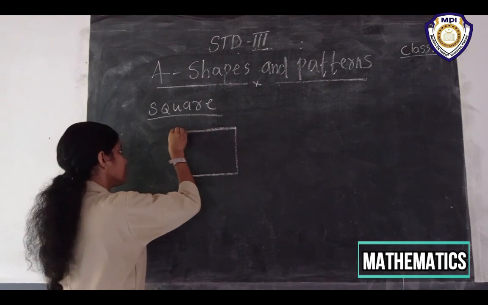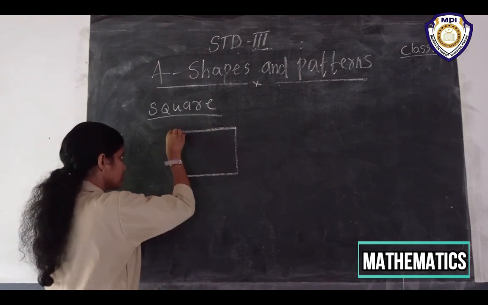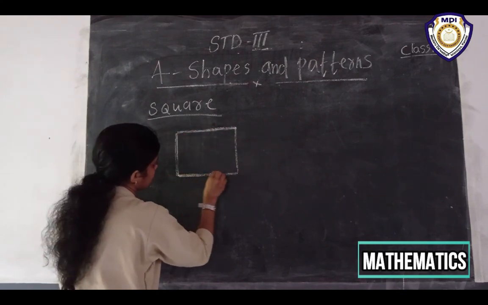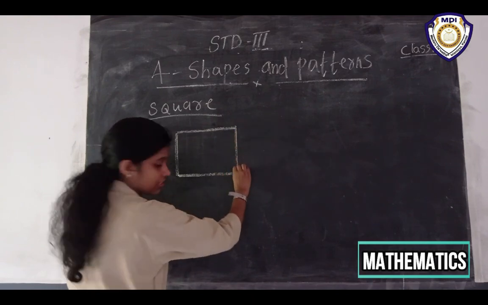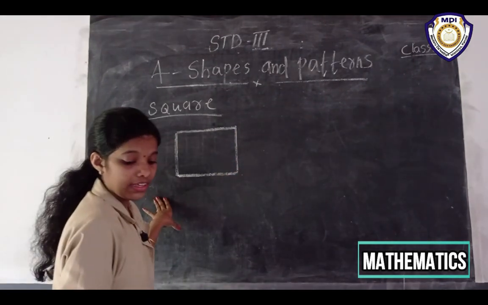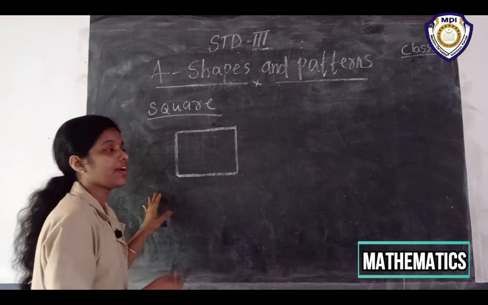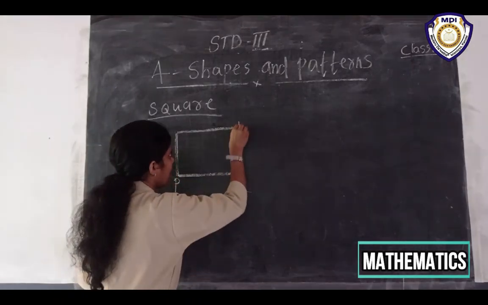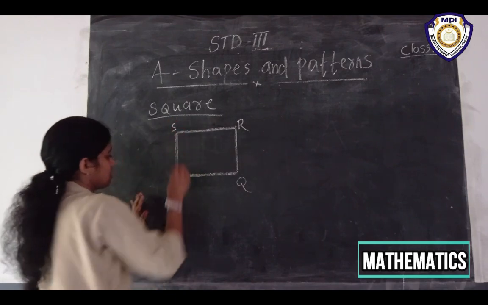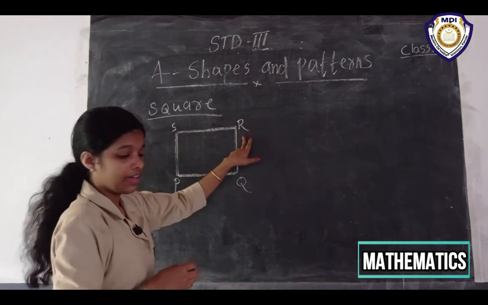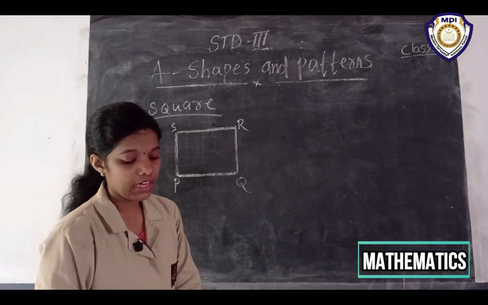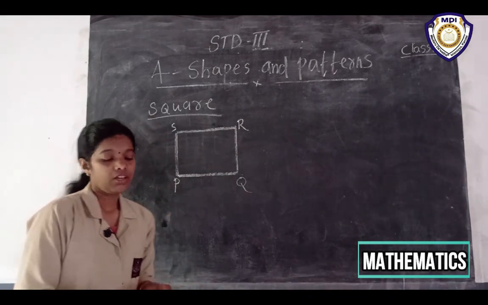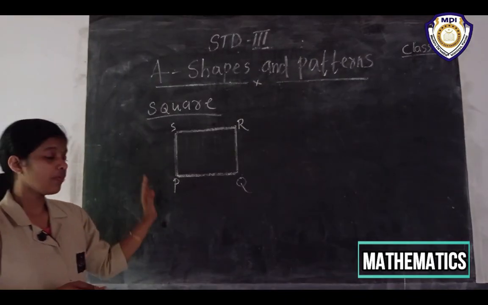Square PQRS. How many sides are there? 4 sides.